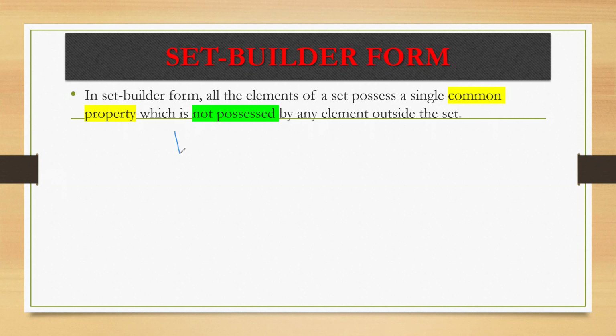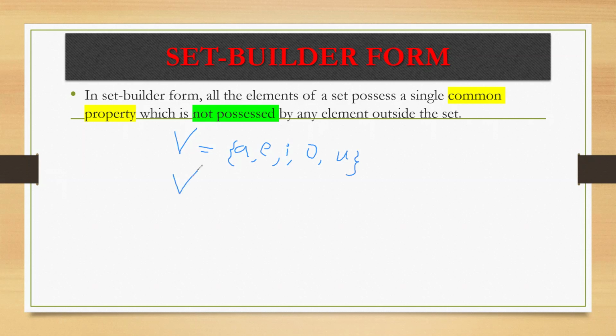For example, if I'm taking the set V of vowels, we will write it in roster form as A, E, I, O, U. First listing, then separating by commas, then enclosing them within the curly braces, right? So this is the set of vowels in roster form.